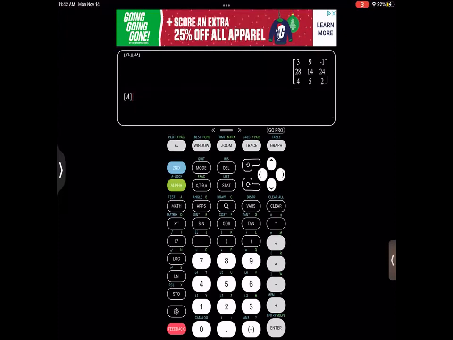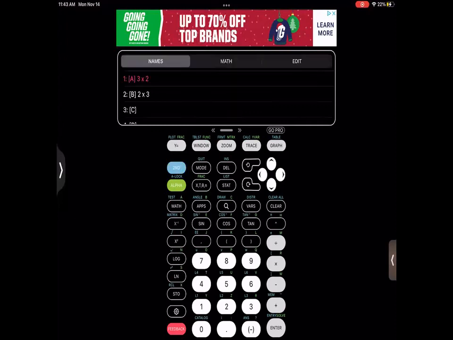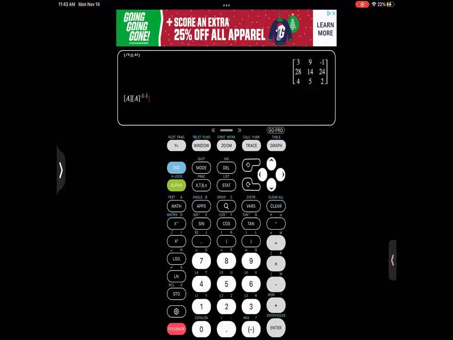And then I want A inverse, so you press the x to the -1 button below math, and it gives you the A inverse. That's how you do it on your calculator.